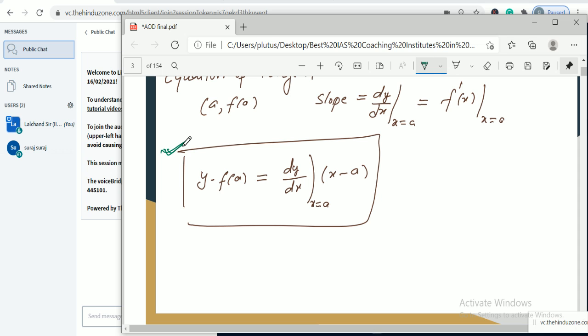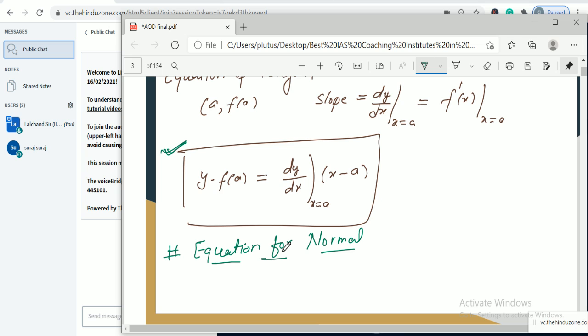So can you write the equation of normal now? Can you form the equation of normal using same concept? Can you tell me the relation between slope of normal and tangent?